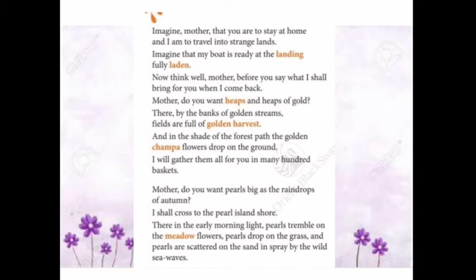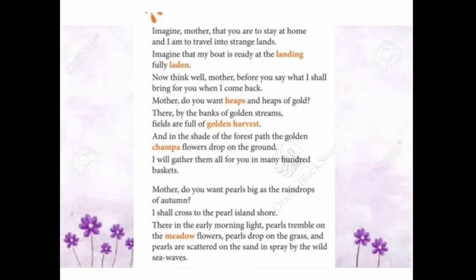The quivering dewdrops in the form of pearls are found on the meadow flowers in the early morning light, and on the grass. He sees pearls in the spray scattered on the sands, thrown by waves as they crash on the shores of the island. See how beautifully the poet has described this.